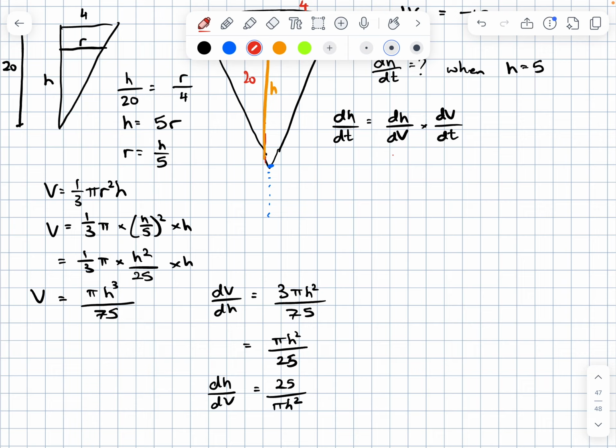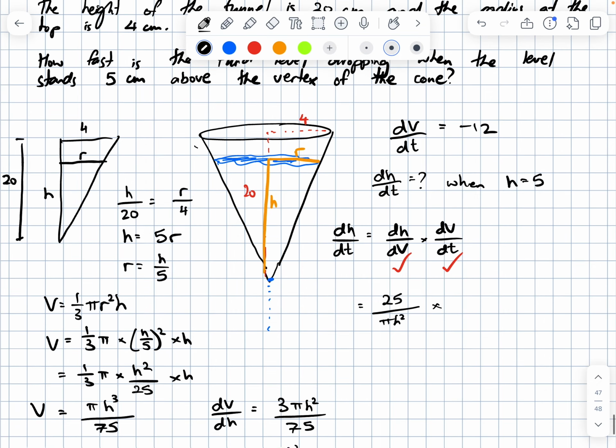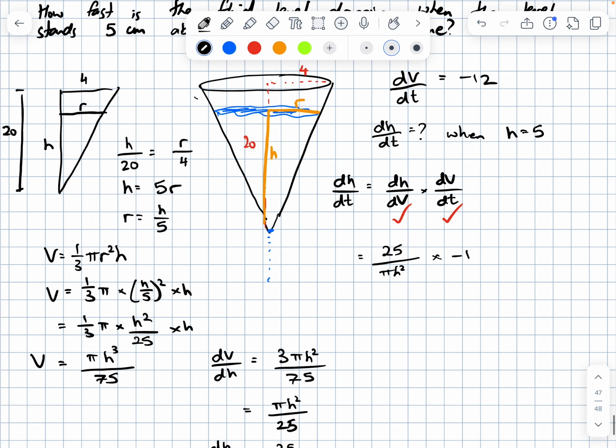Now we know what dh/dv is and what dv/dt is, which means we can put this back into our equation. We have 25 over pi h squared times dv/dt, which from the equation was -12. Bringing those together, 25 times 12 is 300. So we have -300 over pi h squared.